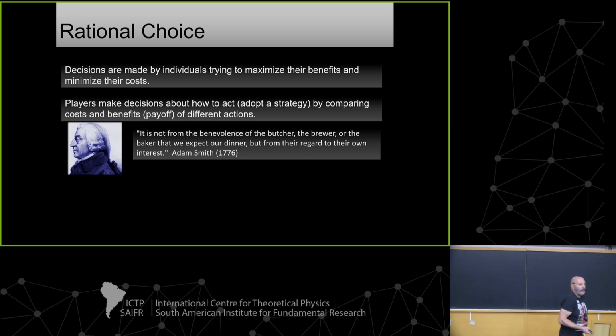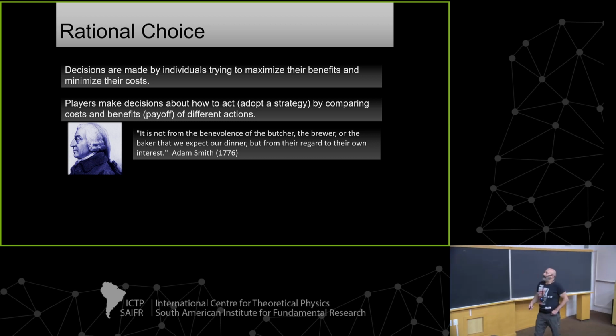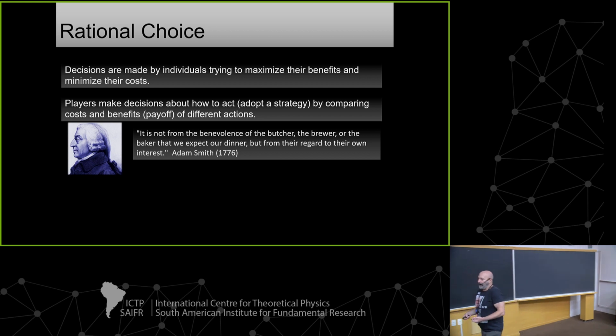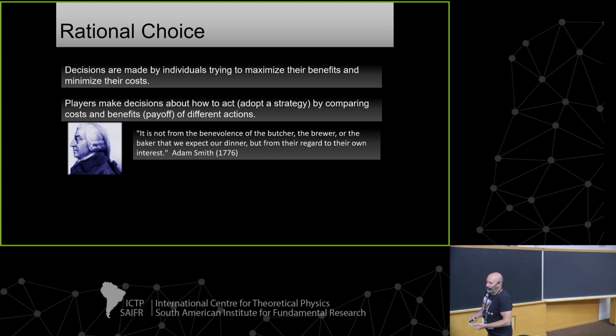It is because they want to earn something. So his idea is that in any interaction between people, there is always an individual interest. And this individual interest is related to a rational individual that only wants to get the highest possible payoff.